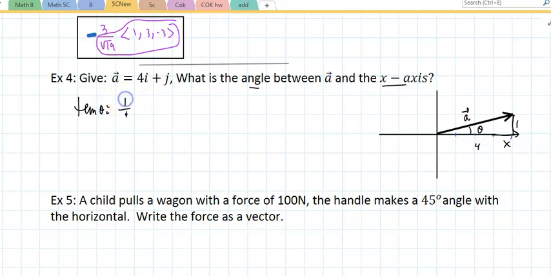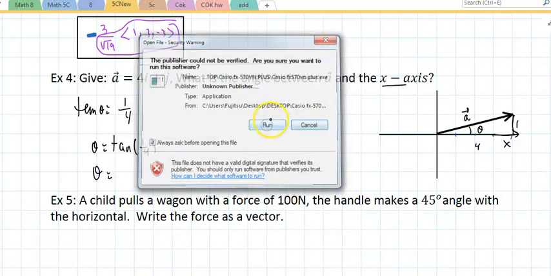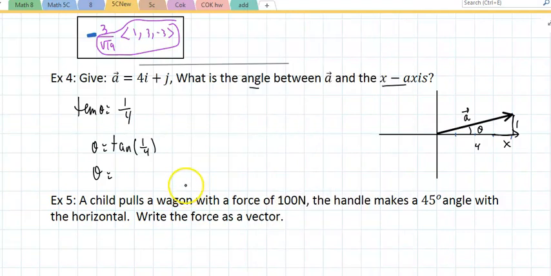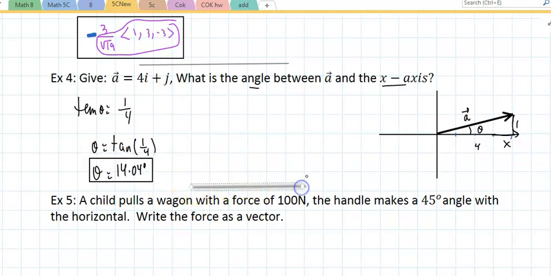Tan of theta equals 1 over 4, and theta will be the arctangent of 1/4, and that would be 14.04. We know this from trigonometry. Refreshing your memory on how this works.